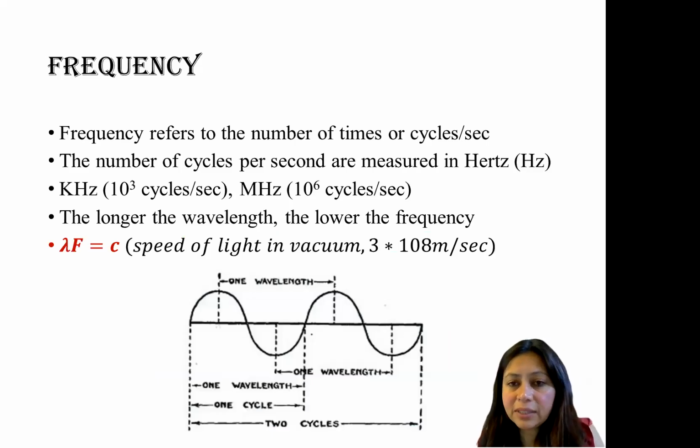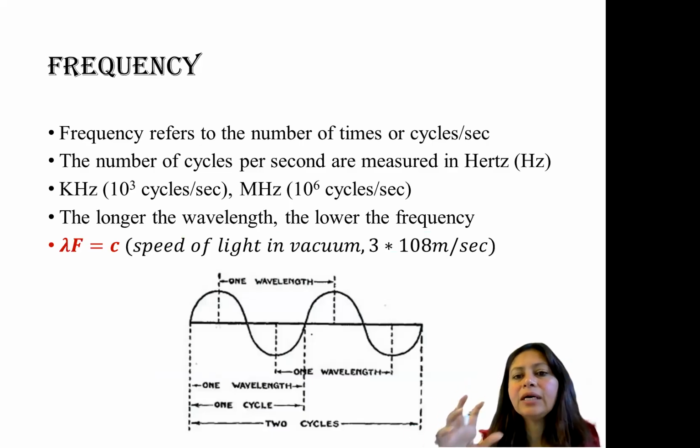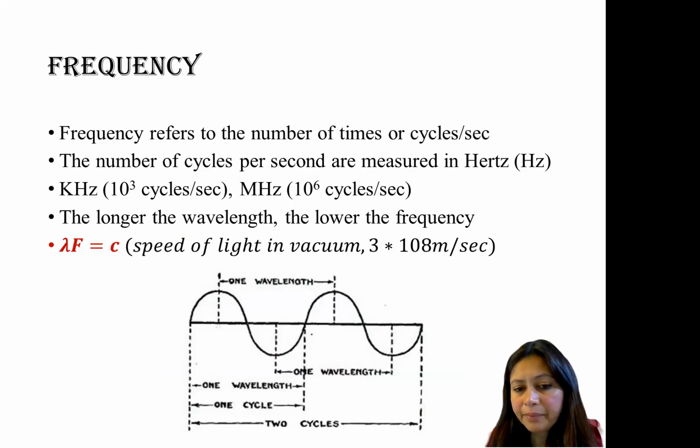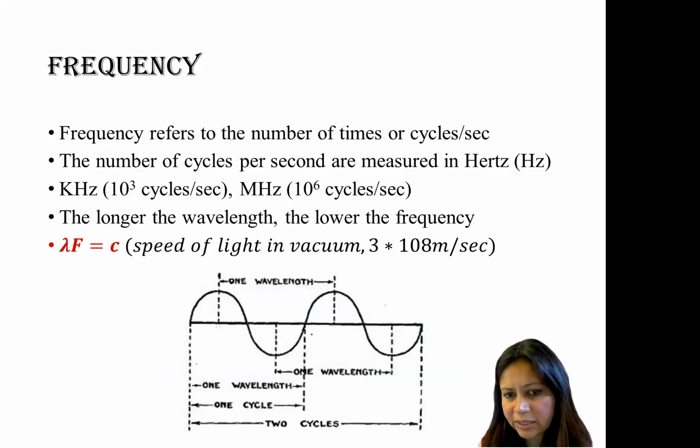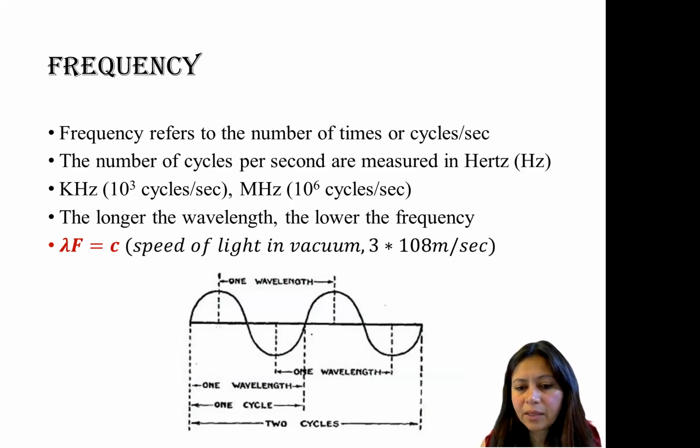Frequency, the next property of the wave. What is frequency? It's the number of complete cycles a wave makes in a second. We just learned about wavelength. So see, from here to here, say it's one wavelength. Now look at this.